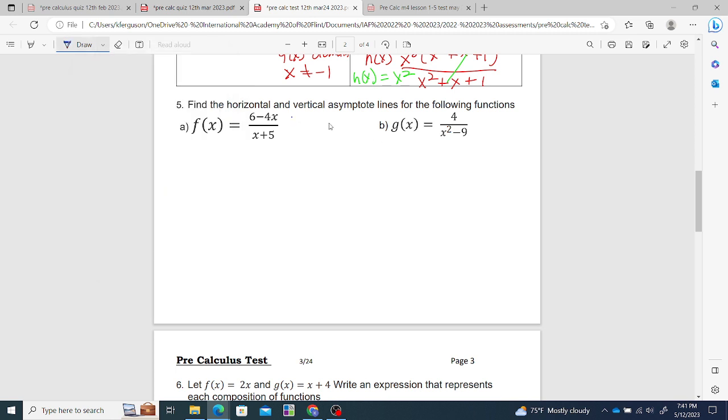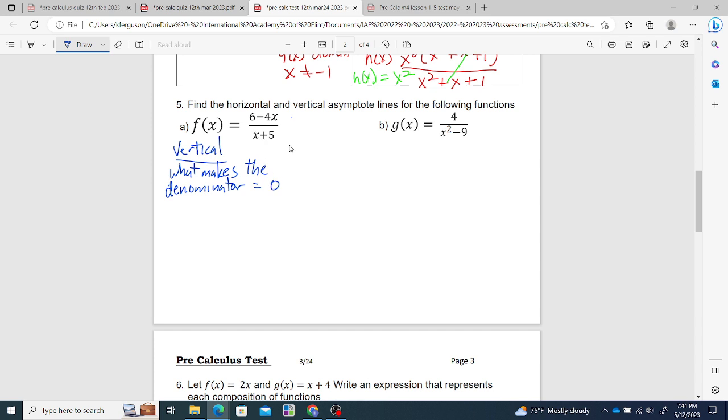I need to find my vertical asymptotes and my horizontal asymptotes. Now vertical asymptotes are easy. You find what makes the denominator 0.